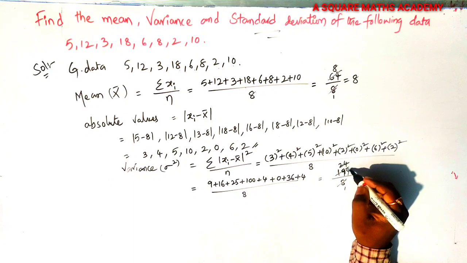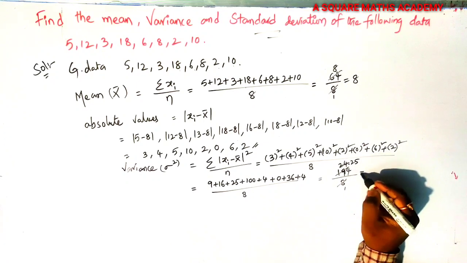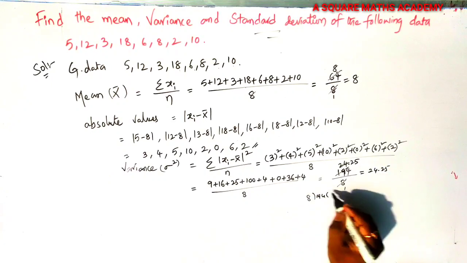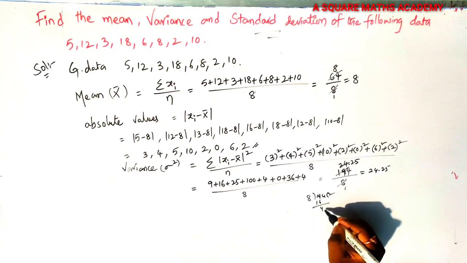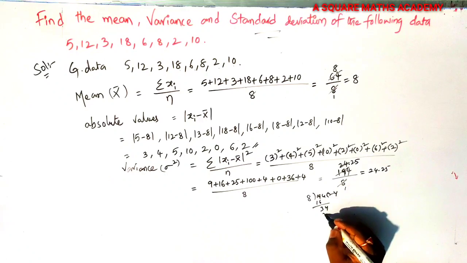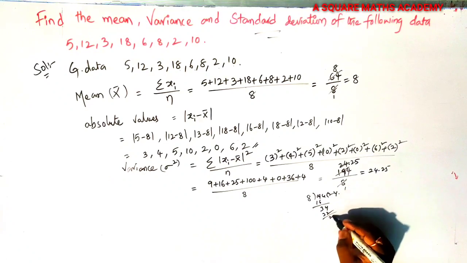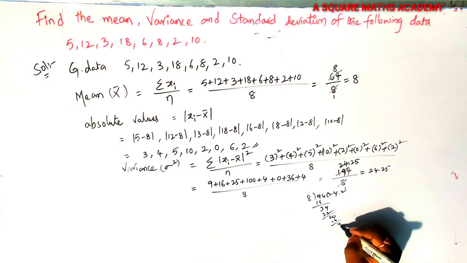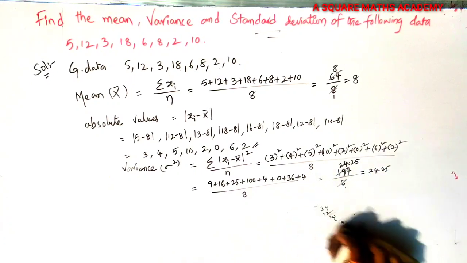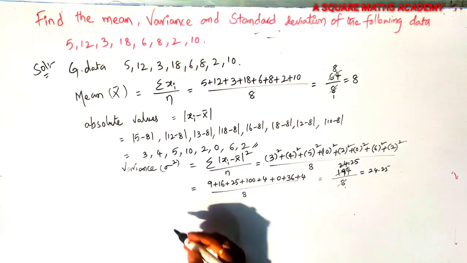So remaining 2 is there. 8 point, we take a 0. 8 twos are 16, and 4, 8 fives are 40. So 24.25 we get here. So we get here like this, clear? So 24.25 is the variance.